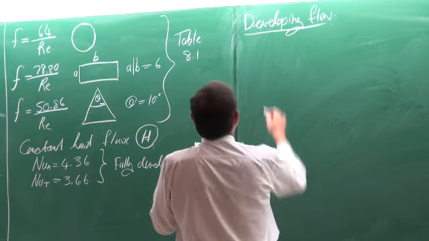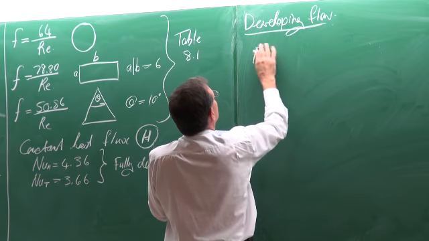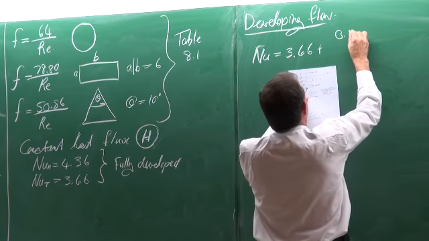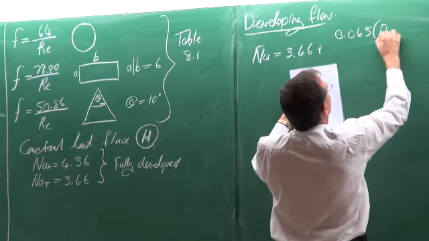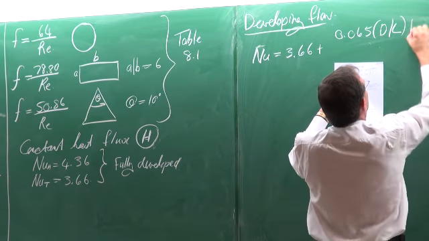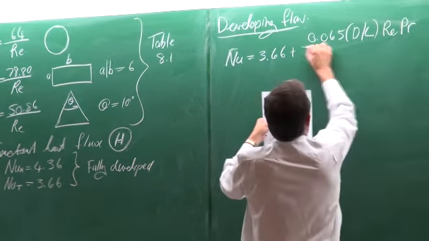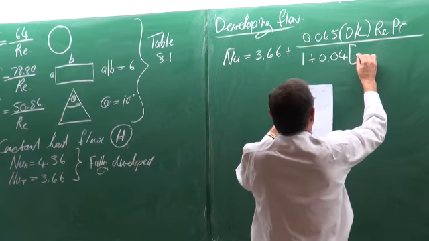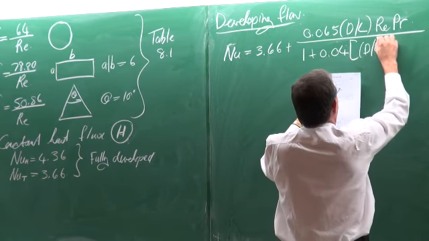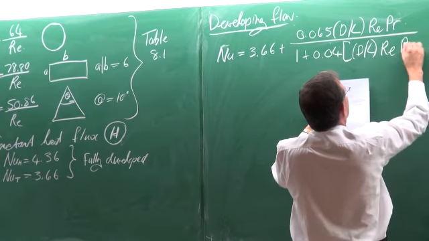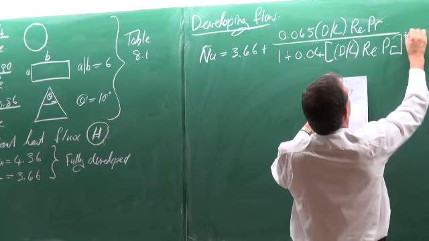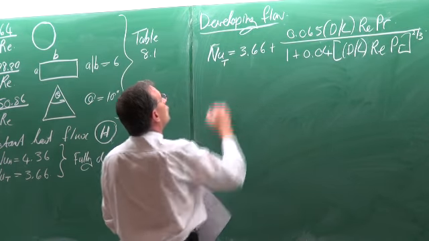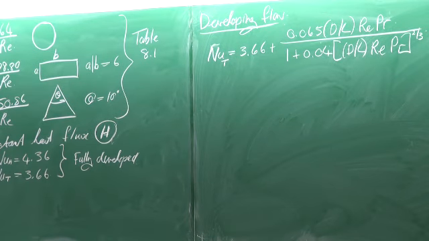This equation would then give the Nusselt number as 3.66 plus 0.065 multiplied by D divided by L, multiplied by Reynolds number, multiplied by Prandtl number, divided by 1 plus 0.04, multiplied by D divided by L, multiplied by Reynolds, multiplied by Prandtl, everything to the 2/3. And this is valid for a constant wall temperature.